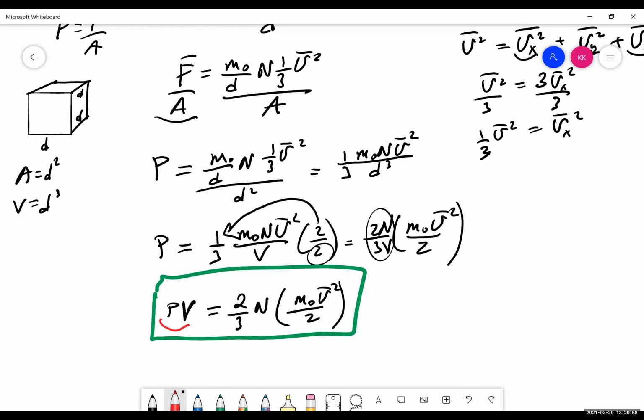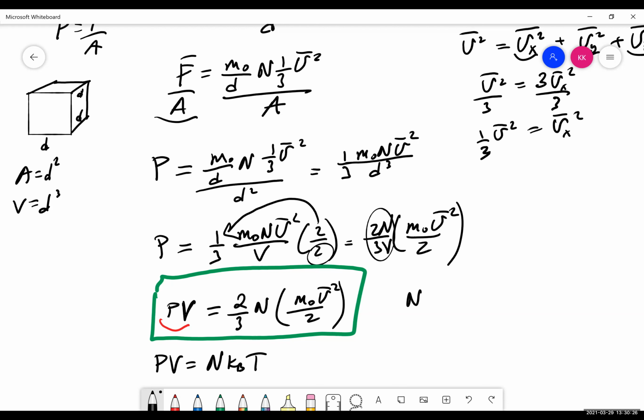Okay. Now, if I compare this to the equation where PV equals N KB times temperature, I can see that since PV is equal to 2/3 N times m naught V average square over 2 and N KB times T, I can say that those are also equal to one another.